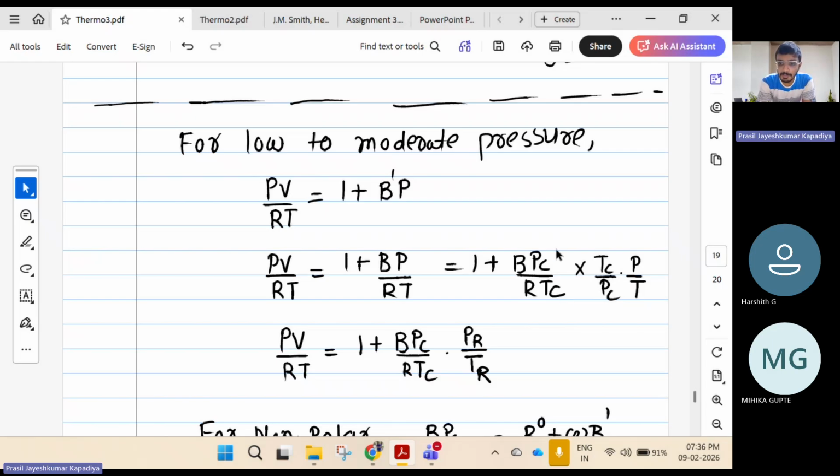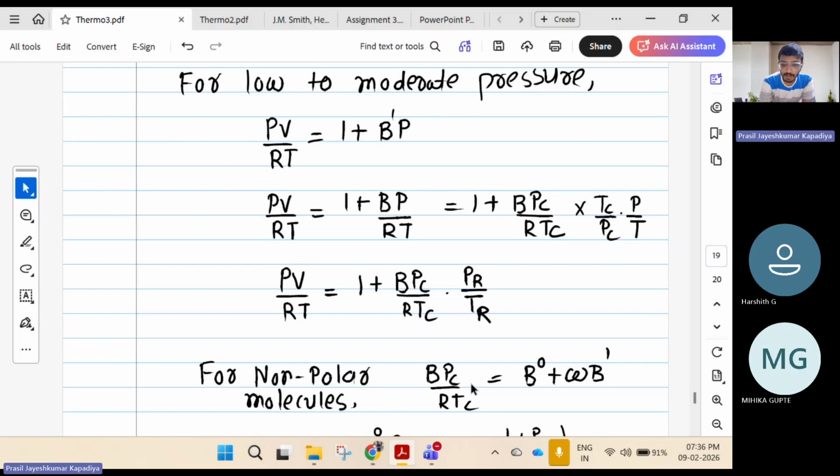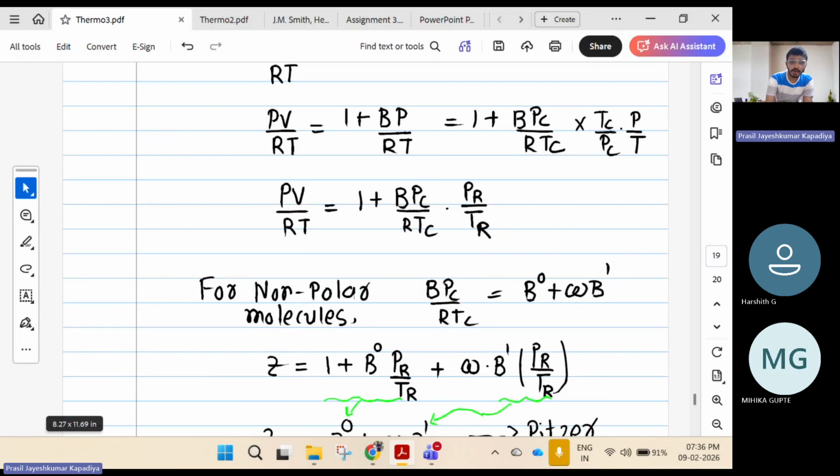If I am multiplying with PC, I need to do TC by PC, and P by T is as it is. So I can write that PV by RT is equal to 1 plus BPC by RTC into PR by TR. For non-polar gases, this BPC by RTC term is nothing but B0 plus omega into B prime.